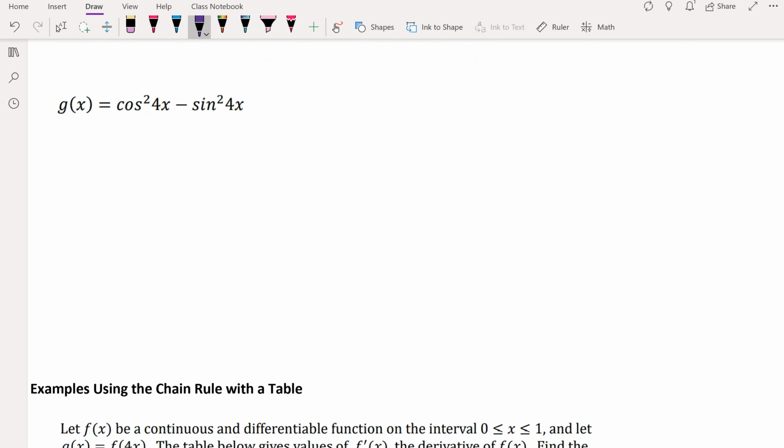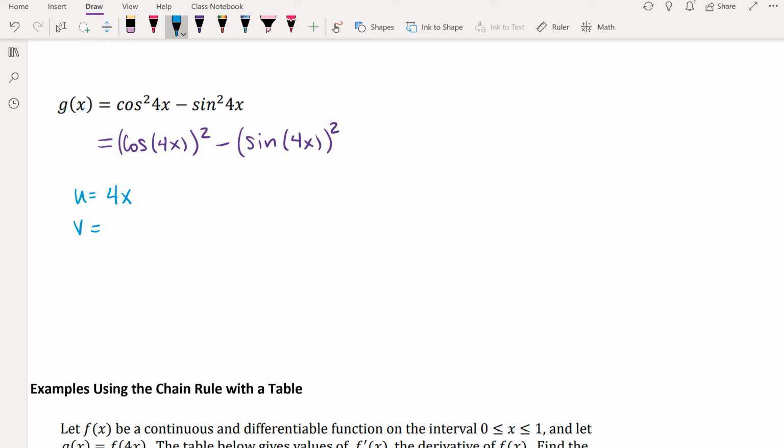This one's kind of tricky. First, we're going to rewrite it. So this equals cosine of 4x squared minus sine of 4x squared. All right, and then u equals your innermost function, 4x.